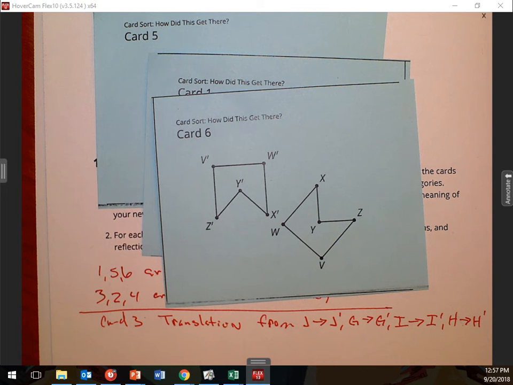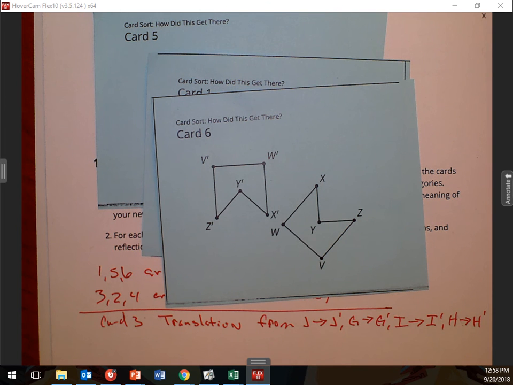Did you write down what I said? It says card 3, so where are we at? Card 3. Okay, so is this a flip, a slide, or a rotation? If you look right here, J goes onto J right here. If I had my patty paper here, would you slide it over here or flip it over here?